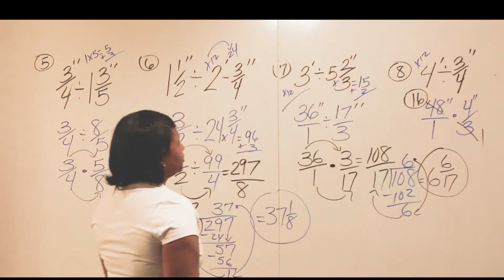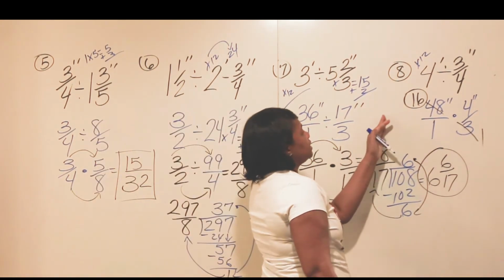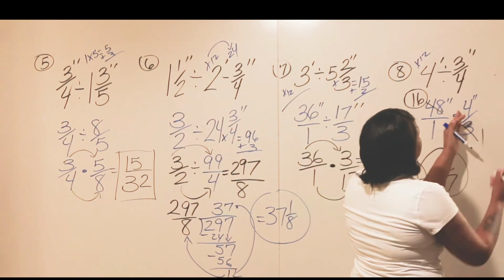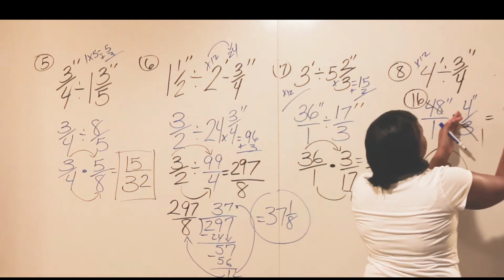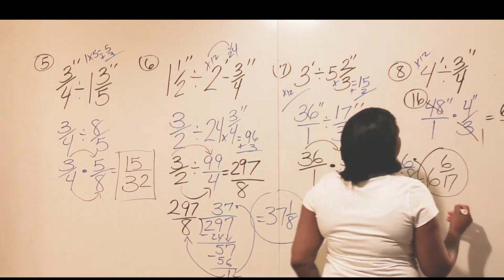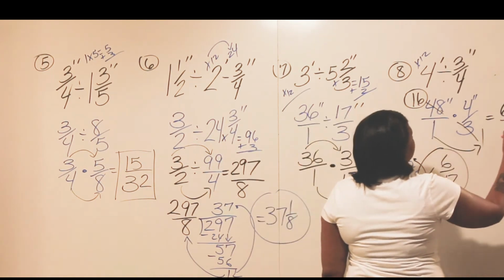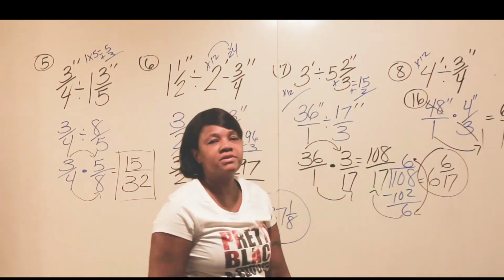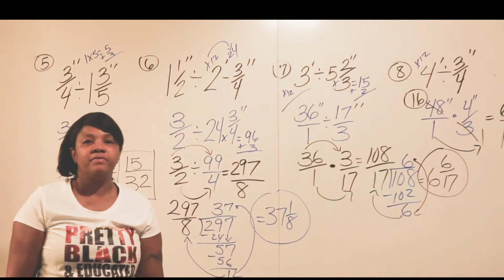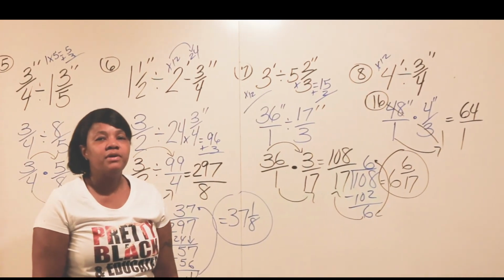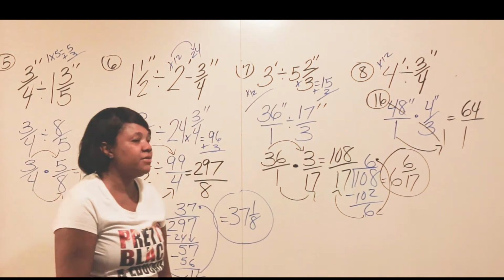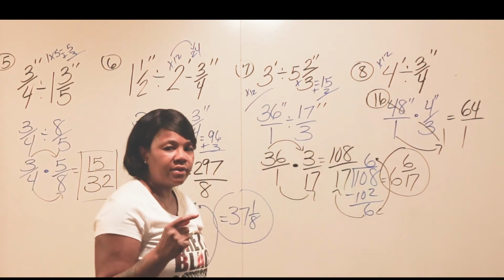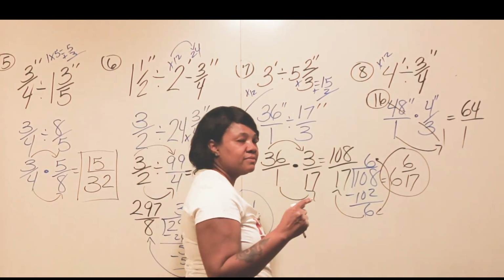So we can't cross reduce anymore. 16 times 4 is 64, and then 1 times 1 is 1. Anytime we have 1 as the denominator, the answer is always going to be the numerator.